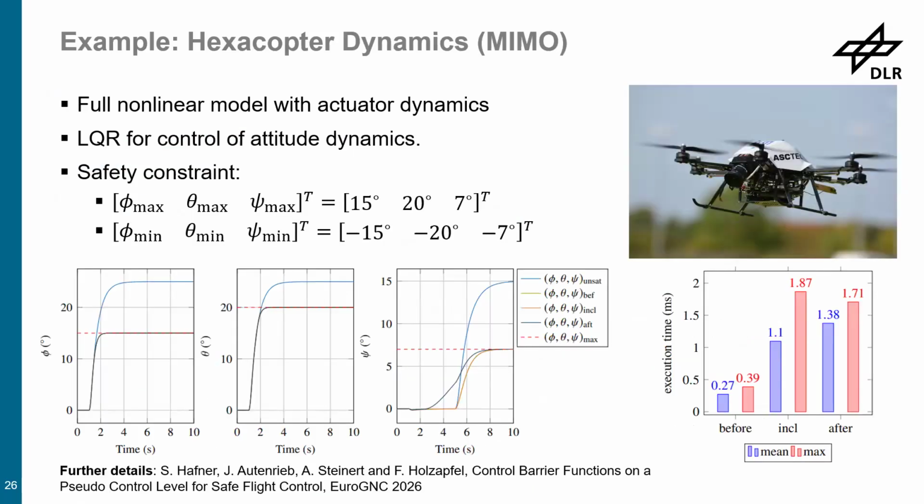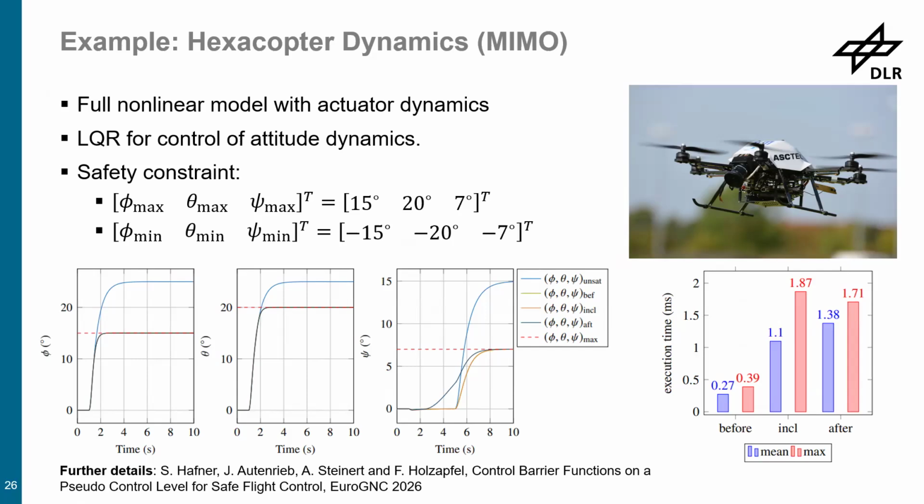And this is what we've done for a hexacopter. The lead on that was Simon from TUM, and he implemented this on a hexacopter system, as you can see here. We also compared the different settings I just introduced, right? This is the one we propose, because we have the safety filter before the control allocation.